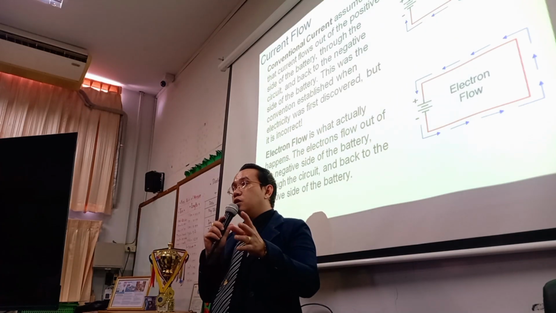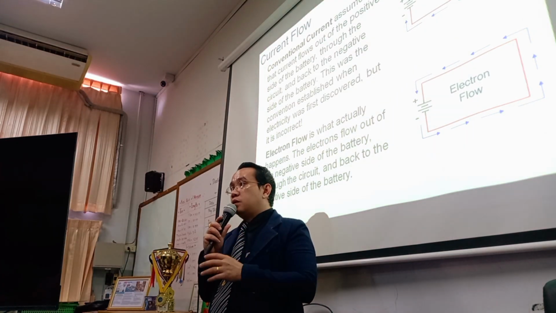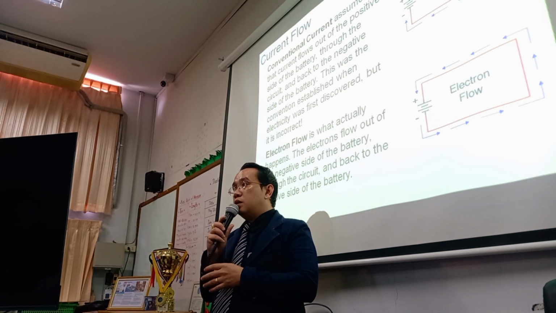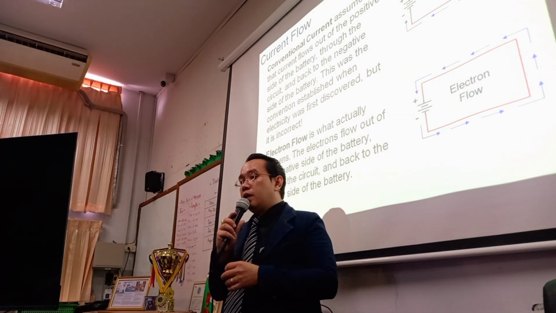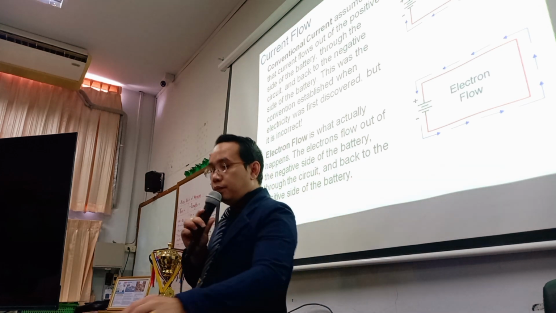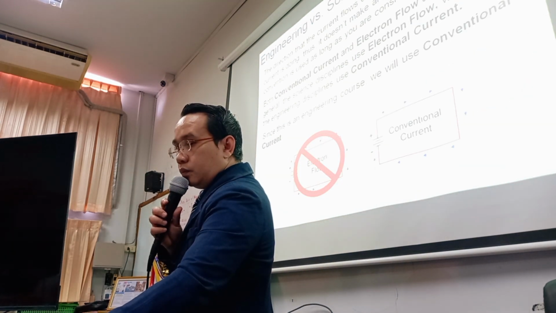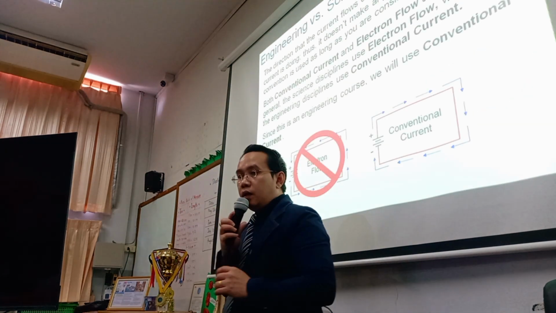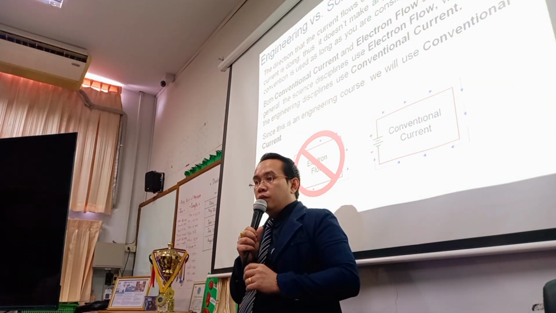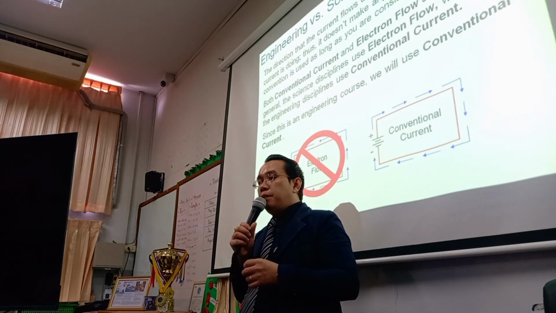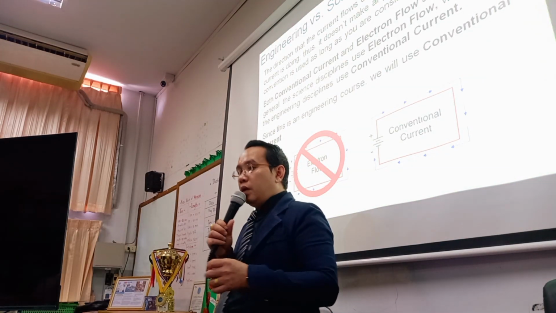For research purposes, they use an electrical schematic diagram. Next one. So electron flow is used in general science disciplines, while conventional current is applied in engineering courses.